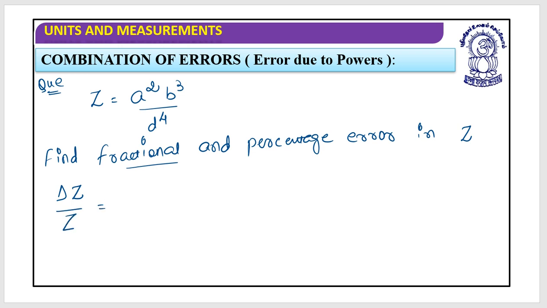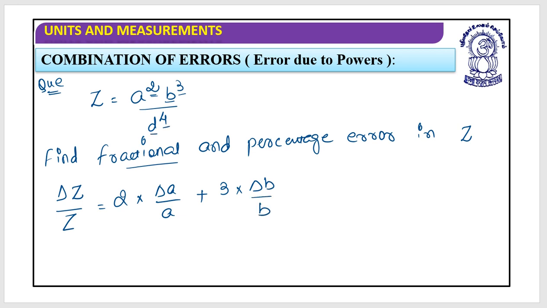What I need to do is just multiply the number with the power. So it is 2 multiplied by the fractional error of a, delta a by a, plus b is having a power 3, so it would be 3 multiplied by the fractional error of b, delta b by b.